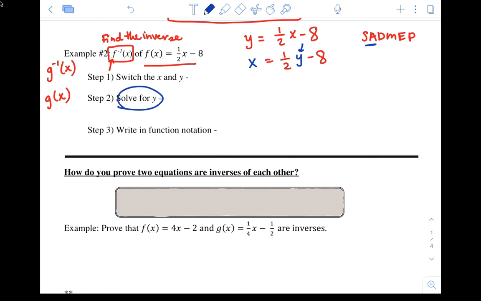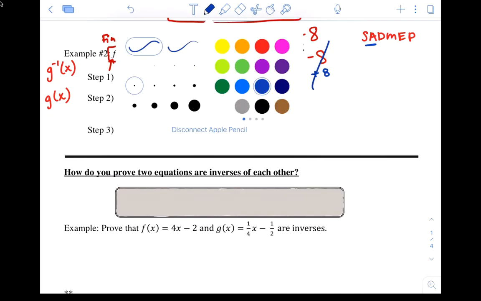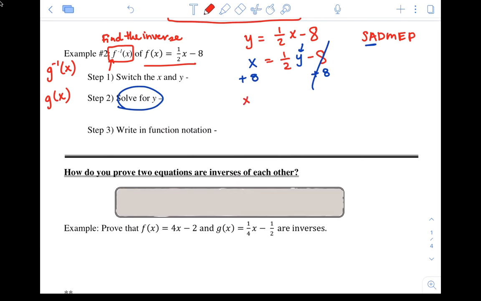So I'm going to be getting rid of the minus 8 and the multiplying by 1/2. So I'm going to start by adding 8 to both sides of the equal sign. I'm going to go ahead and update my problem. x plus 8 equals 1/2 y.